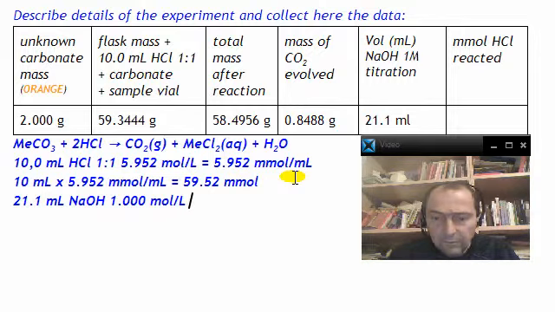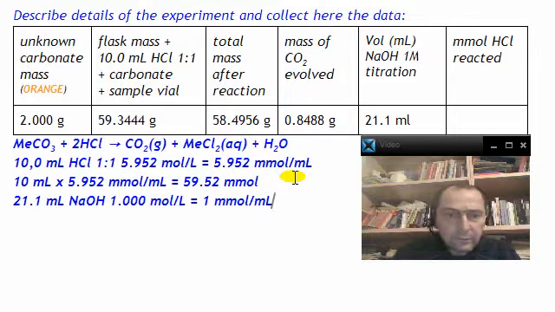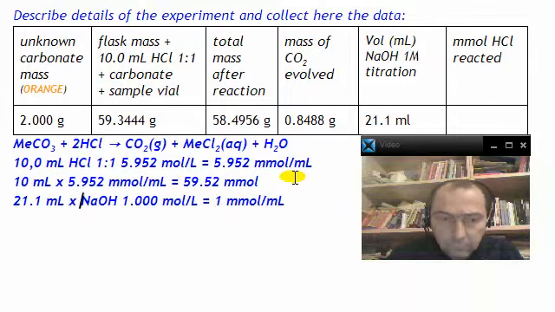That is the same as 1 millimole per milliliter. So in 21 milliliters we have this amount of 21.1 millimoles.